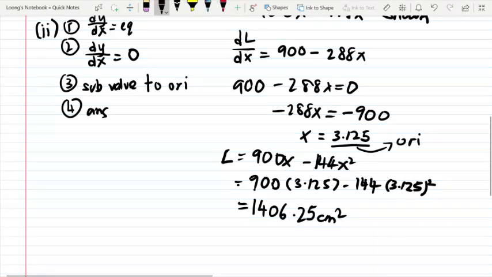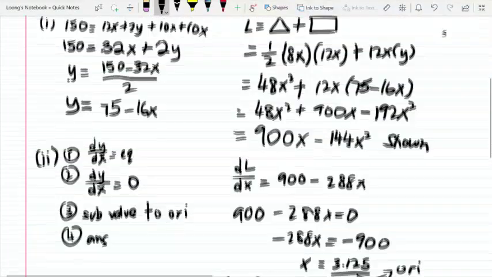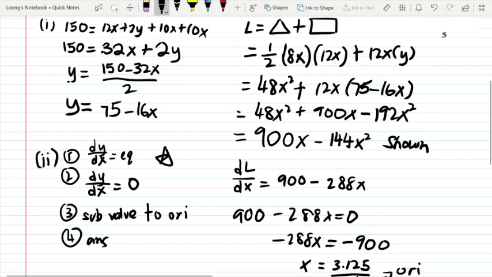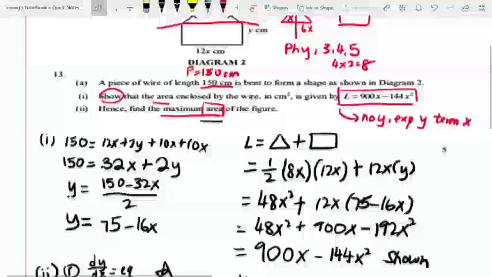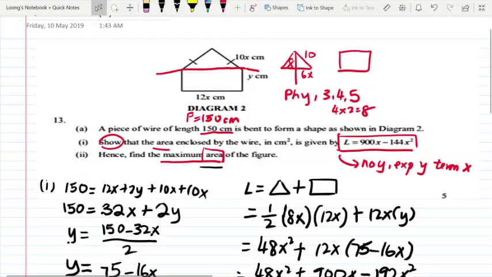And this is the final answer, so always keep these steps in mind when dealing with this kind of question, and it would be quite easy for you to score in this kind of question.